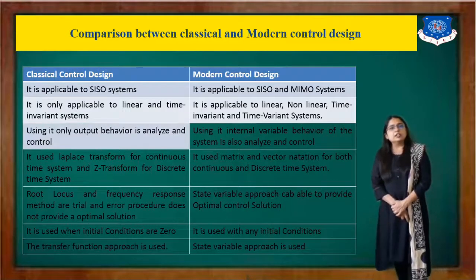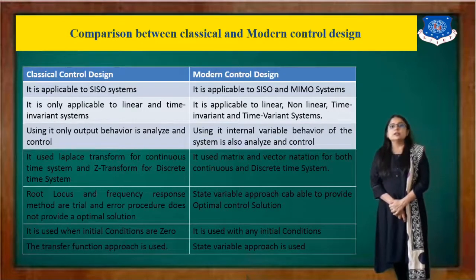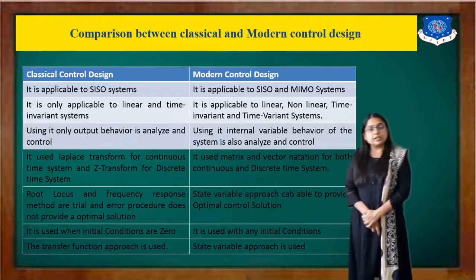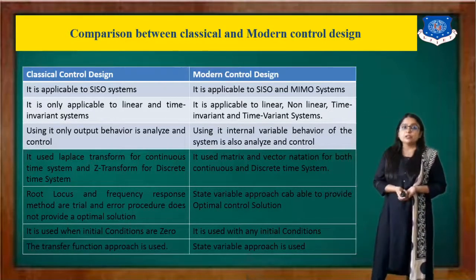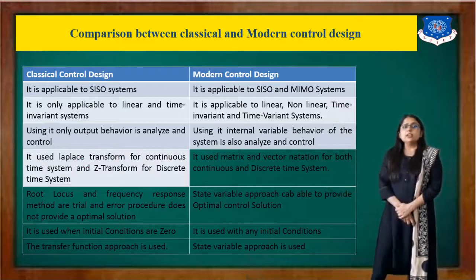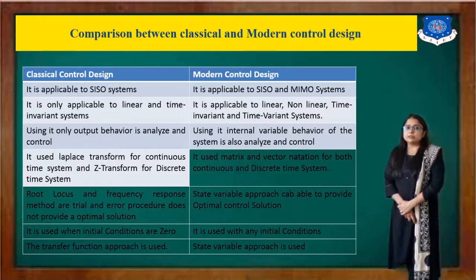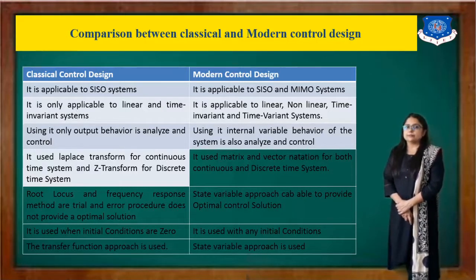In classical design, only the output behavior is analyzed and controlled. In modern control design, the internal variable behavior of the system is also analyzed, or we can say controlled. Classical design uses the Laplace transform for continuous time and the Z transform for discrete time.